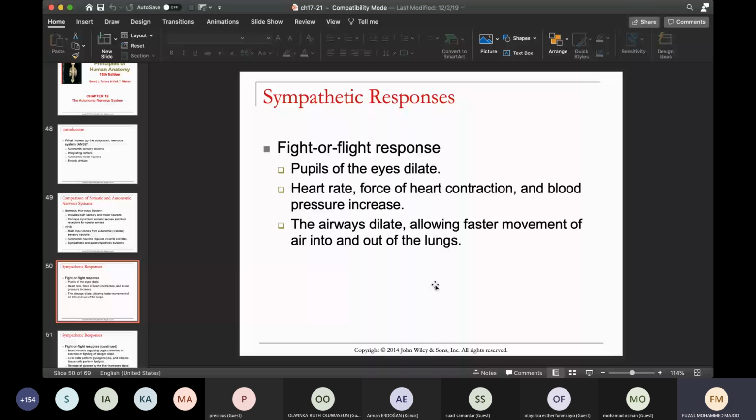In order to do that, it needs to bring in a lot more air as well. So the airways, the passages for our airways, start to widen up, so they dilate. Again, this just allows for easier diffusion of air into and out of your lungs.